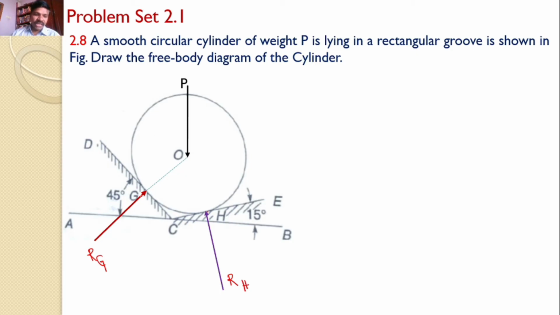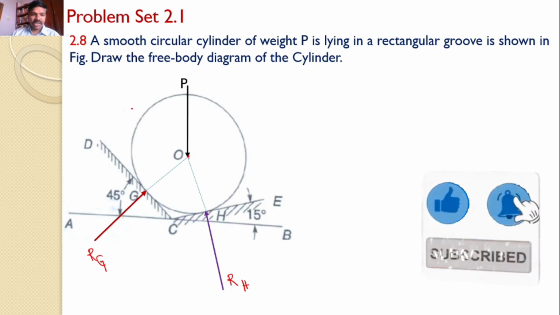So if you extend this RG, it must coincide with the force at O, and if you extend this RH, it must intersect at point O, because this is a concurrent system.